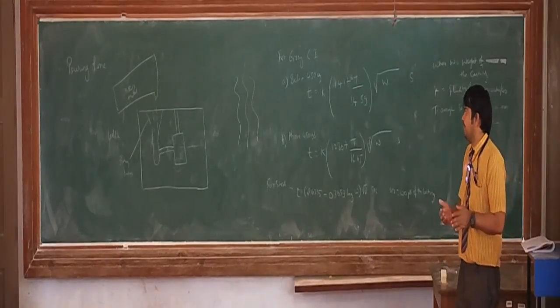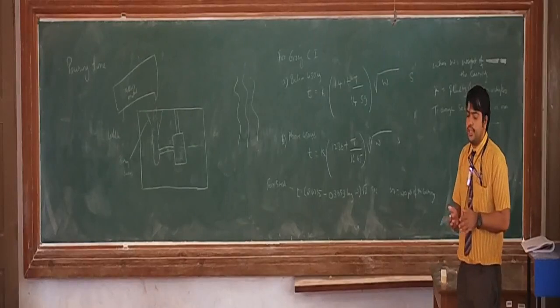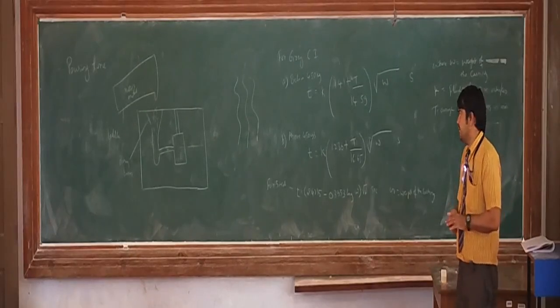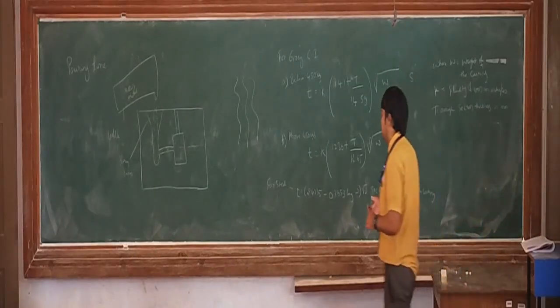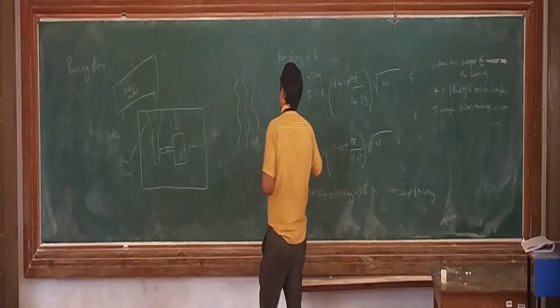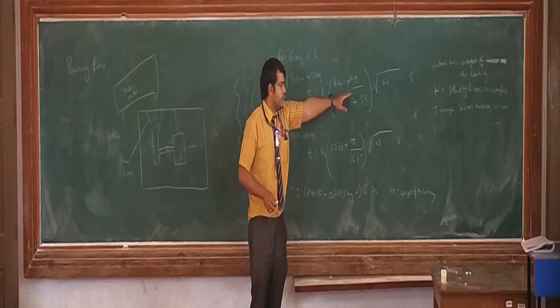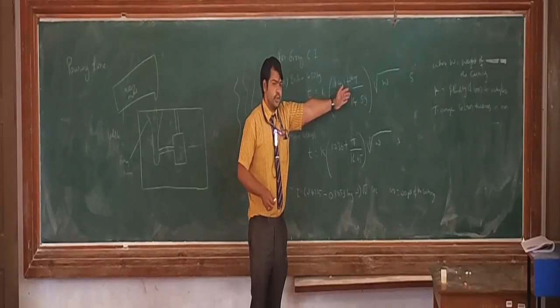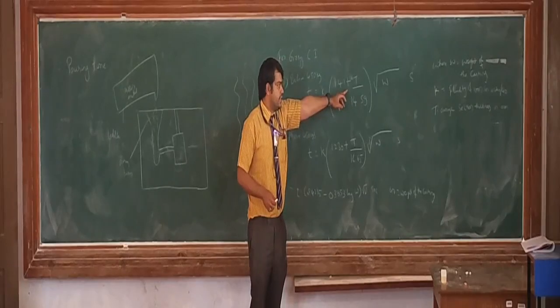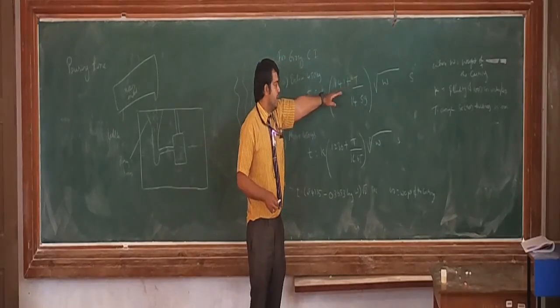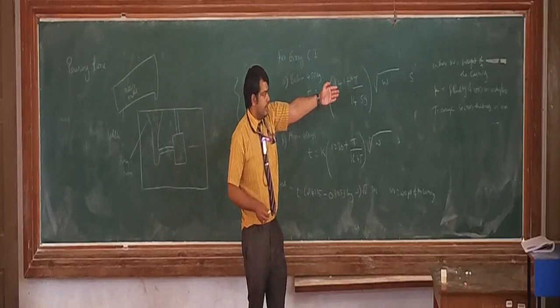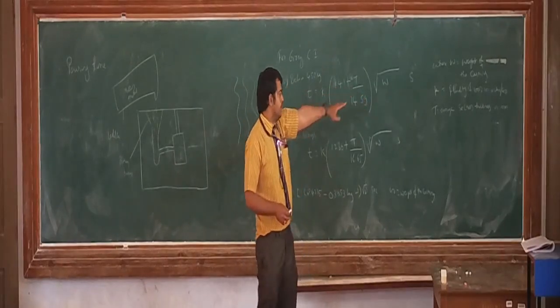So these are the formulas we make use of. For grey cast iron below 450 kg, the pouring time T is K into 1.41 plus T divided by 14.59, whole multiplied by square root of W. W is the weight of the casting, T is the average thickness, and K is calculated as the fluidity of the iron in inches divided by 40.